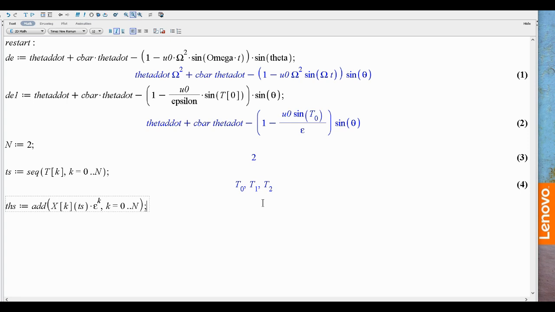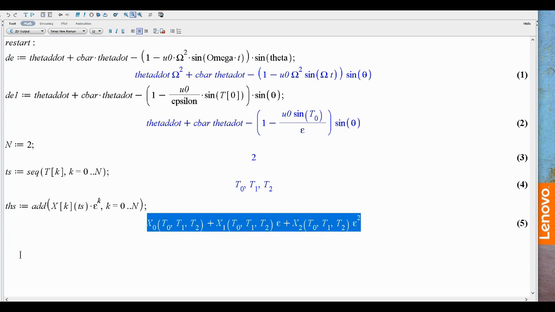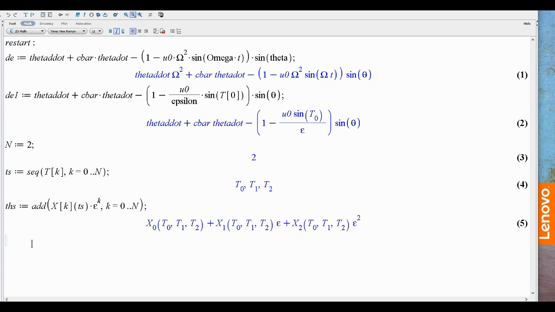Okay, so that's theta. Theta is now x, and this is the expansion. We always do this. Then we say theta dot is equal to add diff theta tk times epsilon to the power k minus 1. This is the main difference from what we have done before.